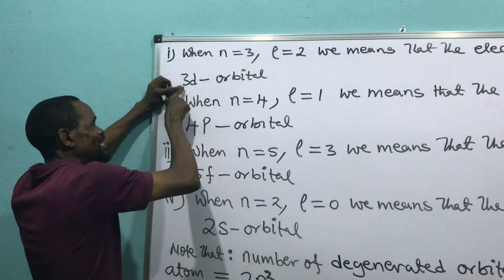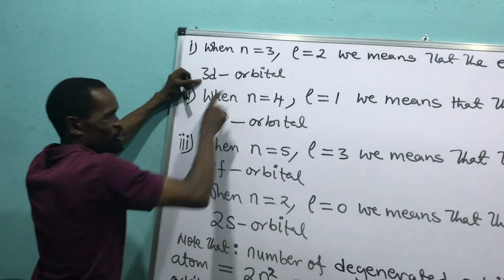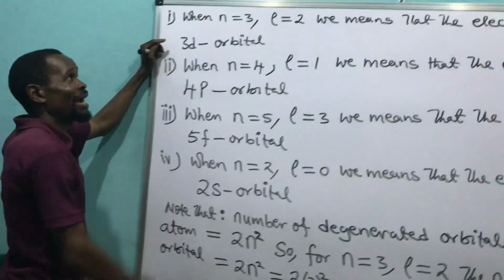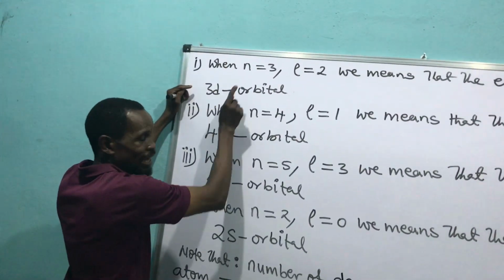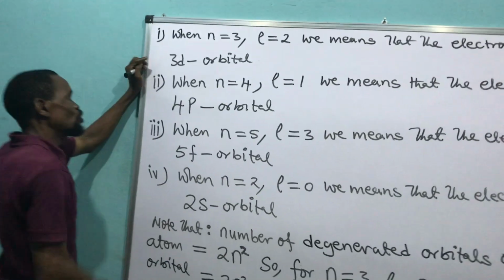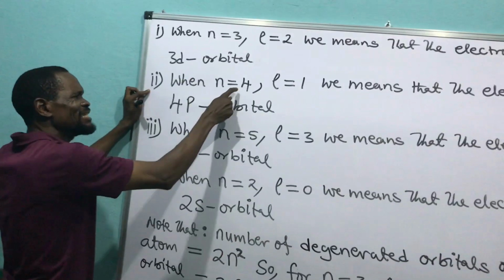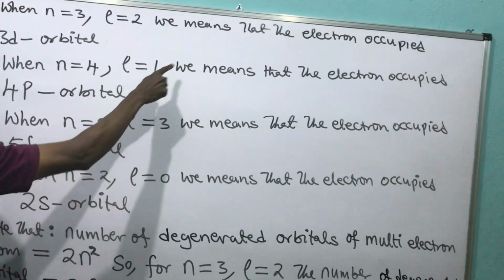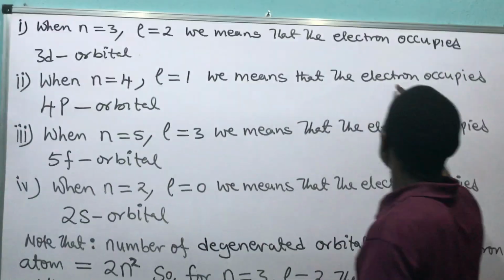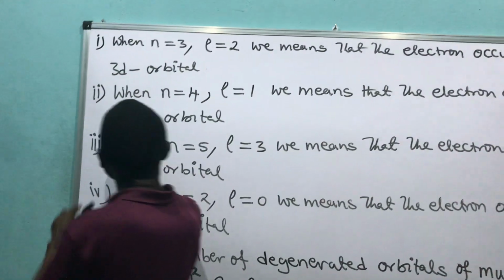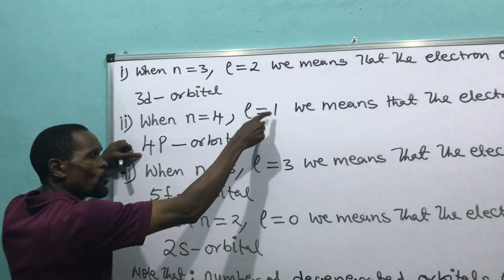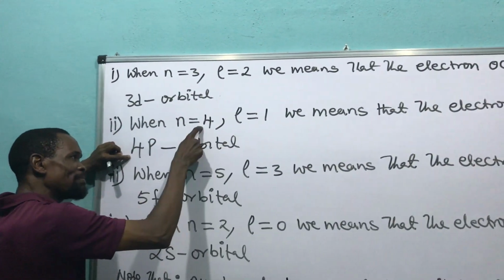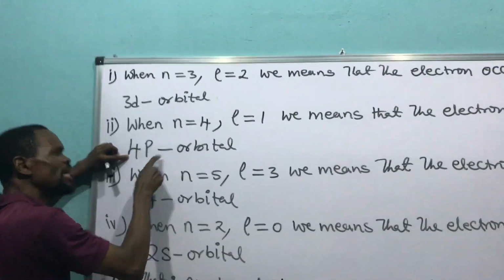That's what the electron occupies when n is equal to 3 and L is equal to 2. When n is equal to 4 and L is equal to 1, it means that the electron occupies 4p. What is 1? 1 is p, and this is 4. We call it 4p orbital.